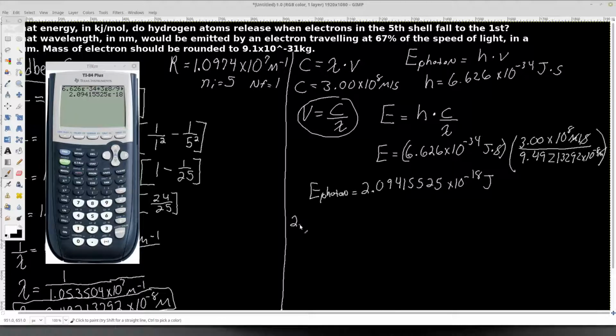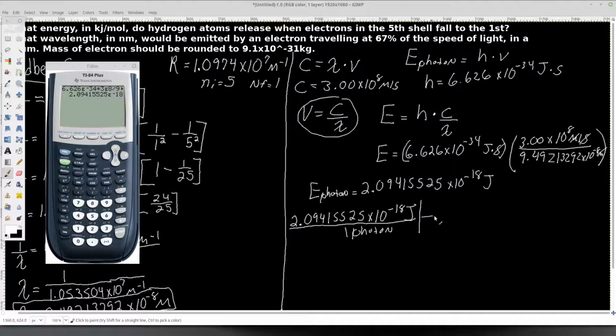So that's 2.09415525 times 10 to the negative 18 joules. Now remember, this is for a single photon, so this is per photon, and I've got to fix that because I need this to be not just for one photon but in a mole of photons, so I need to convert that.